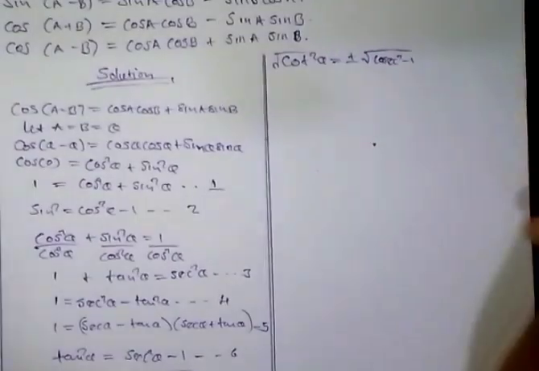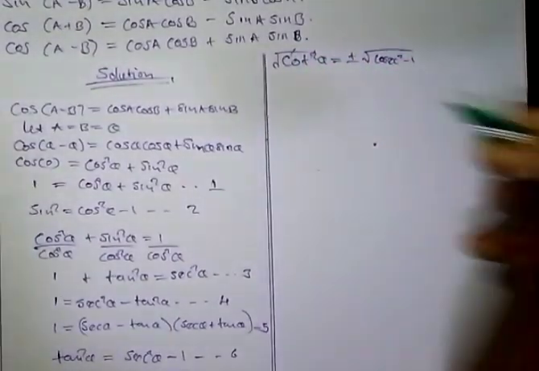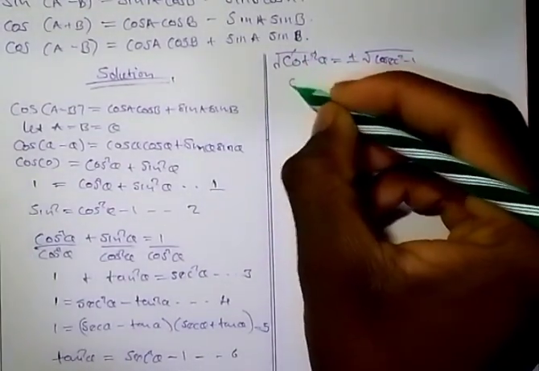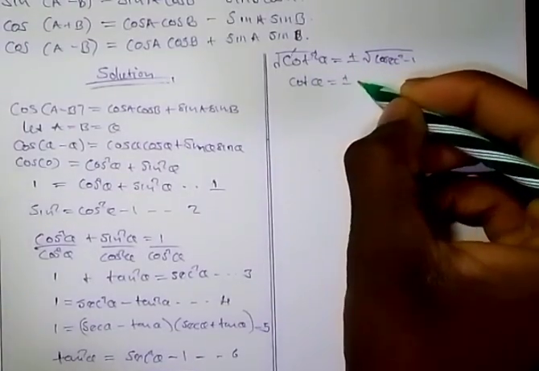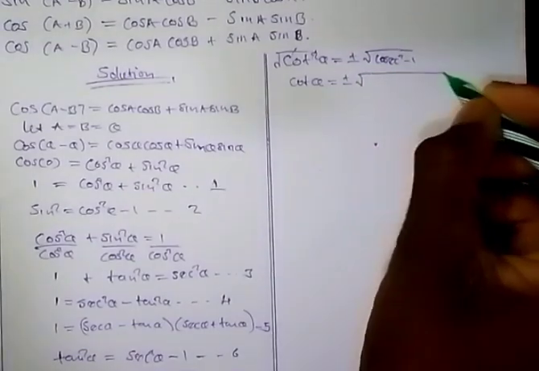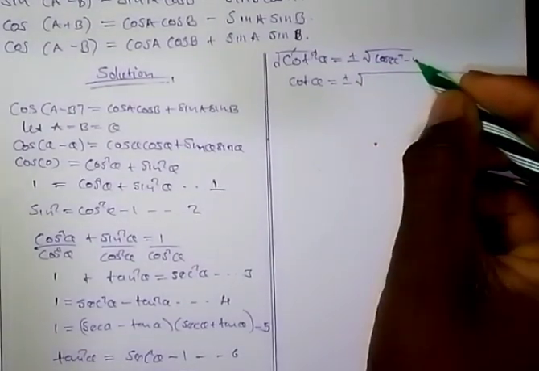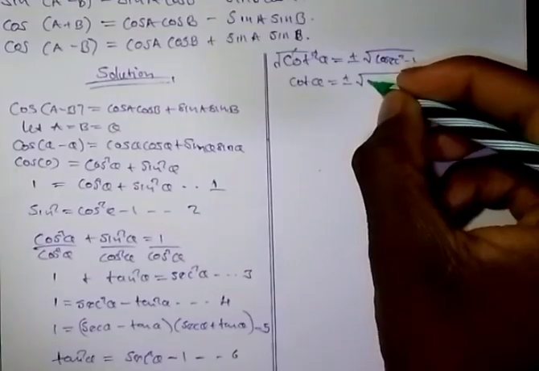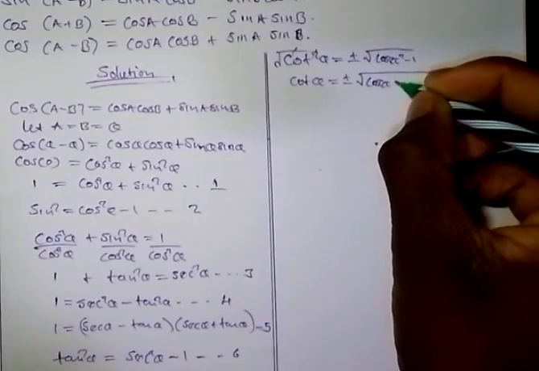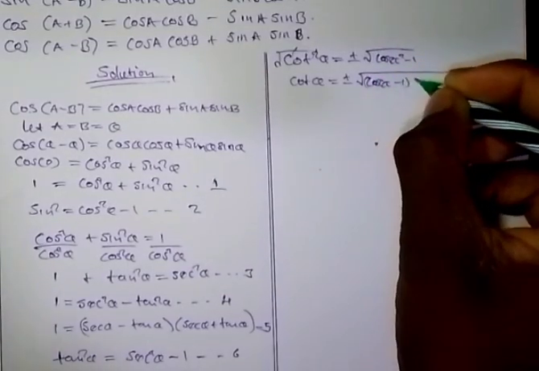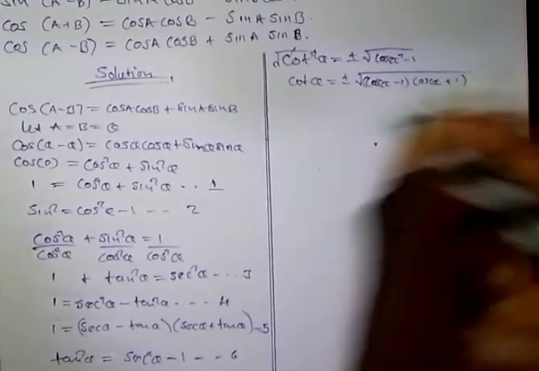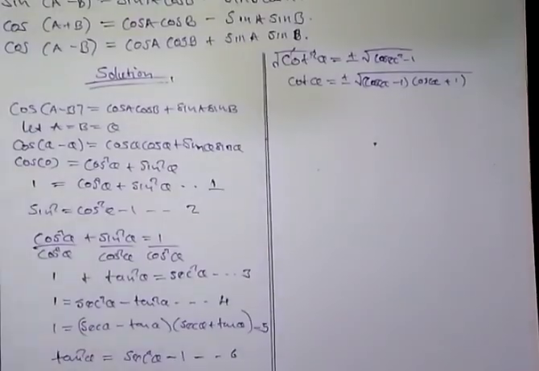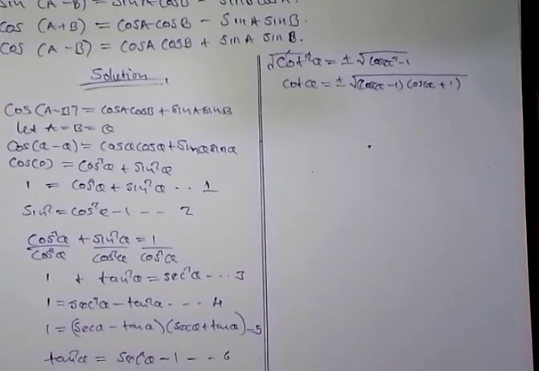We square both sides, so this and that one cancel, so we remain with cot theta is equal to plus minus, we are going to make the difference of 2 squares from this one, cosec minus 1 and cosec plus 1, like this.